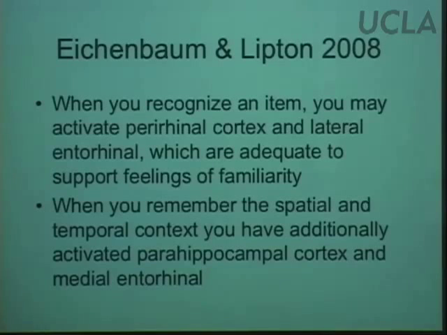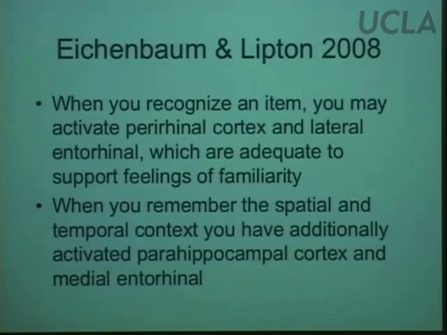But of course, we made a distinction between that kind of feeling and real episodic memory. Now, when you remember the spatial and temporal context of something, which is key for episodic memory, when you actually remember, oh, I see that person, and I remember yesterday I had this conversation with them, in that case, to have that memory for the place and the event, you have additionally activated the parahippocampal cortex, which is all about places.